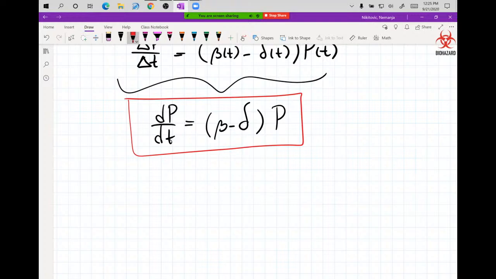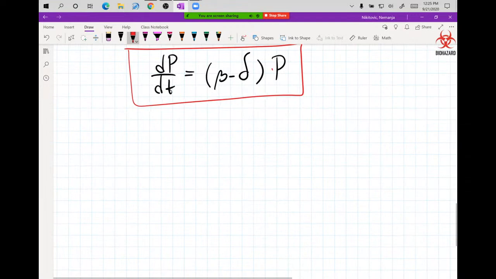So you have to multiply by the current population. Now, in the next step, I want to introduce a couple of other parameters that will transform this equation into one we can use to solve this.